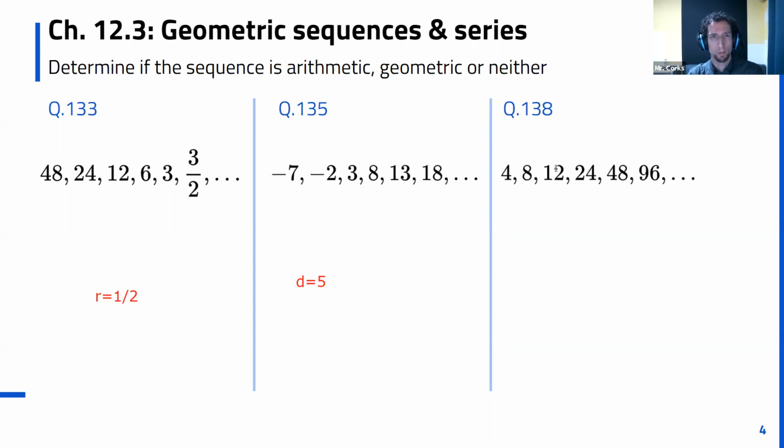That's not the same, so it doesn't work. This is actually part of a different sequence, but the rules behind it are really complex. There's a database where you can throw in a bunch of numbers and it will tell you what the rule is. But this is not one of our 2 key types, so our formulas will not work for these.